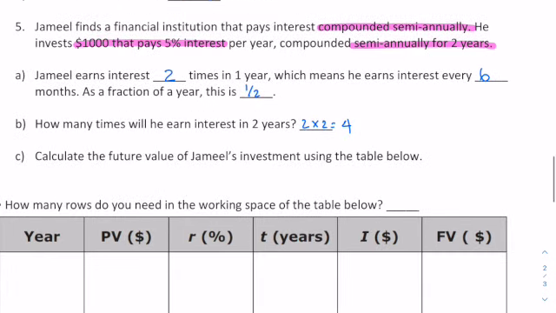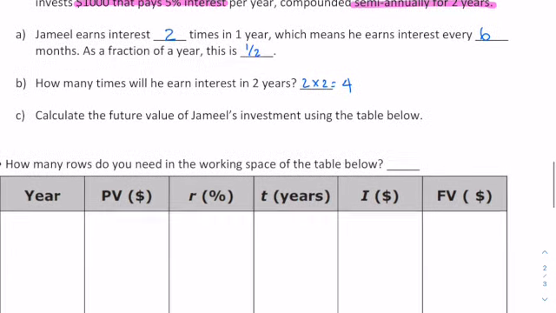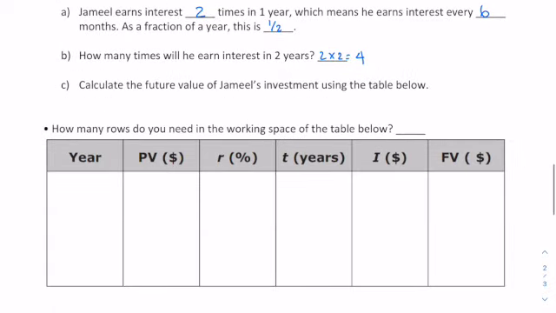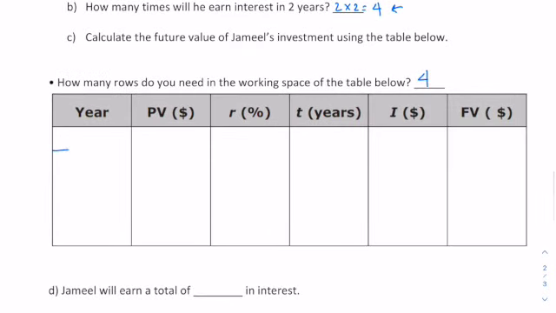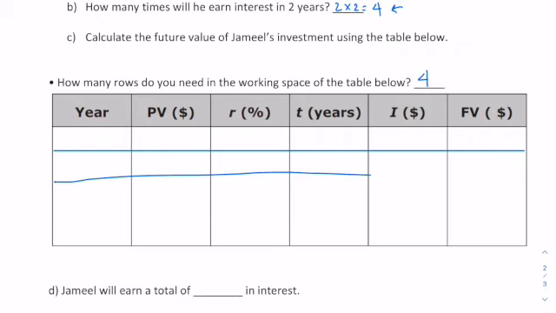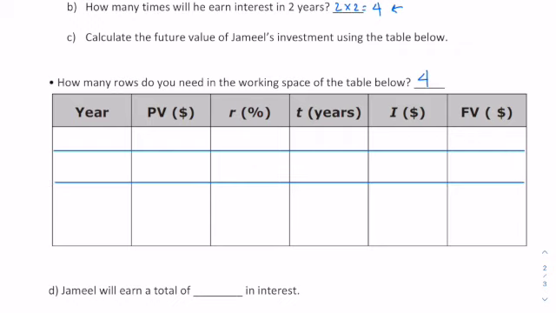So now we're going to calculate the future value of Jamil's investment in this table. It's asking, how many rows do you need to be using? Now it's 2 years, but it is 2 times a year, so we're going to go with 4 rows. Okay? So we can make the rows in your table, and then we can start filling it in.